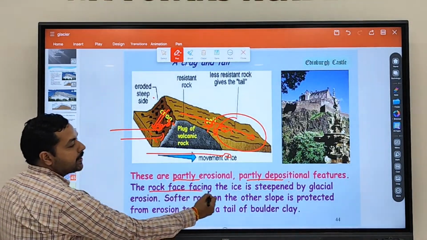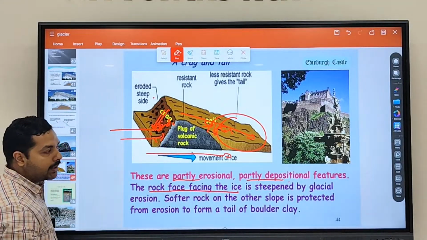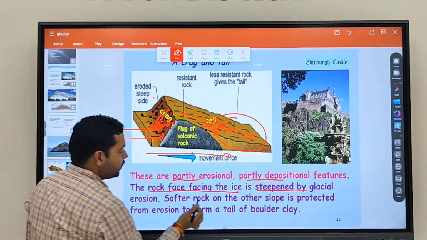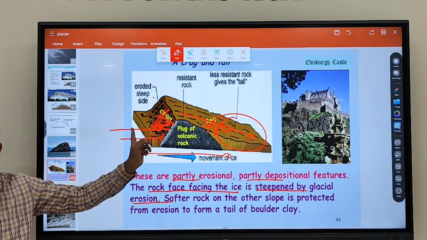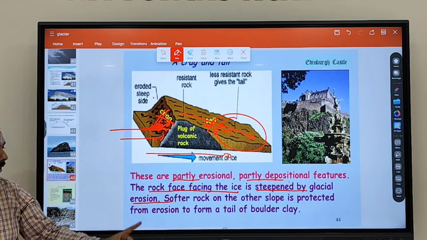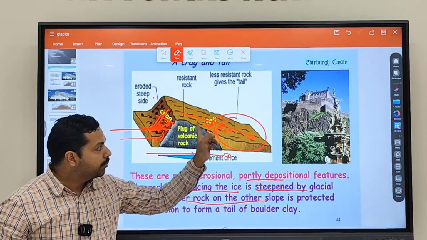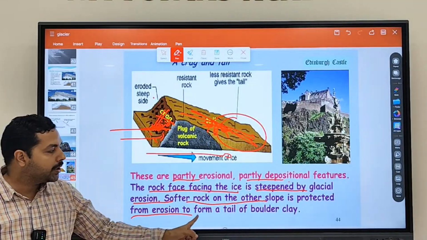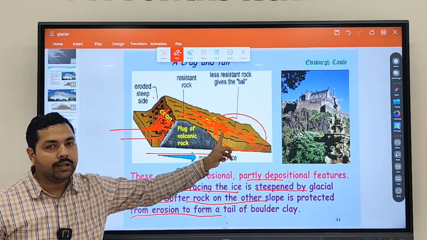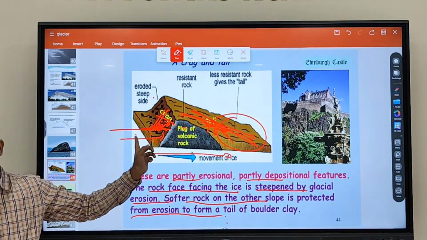The rock facing the ice, so this part is facing the ice, is steepened by the glacial erosion. So this will face much erosion because ice is coming over here. Softer rock on the other slope is protected from the erosion, which will form a tail. So this is what we call a crag and tail.